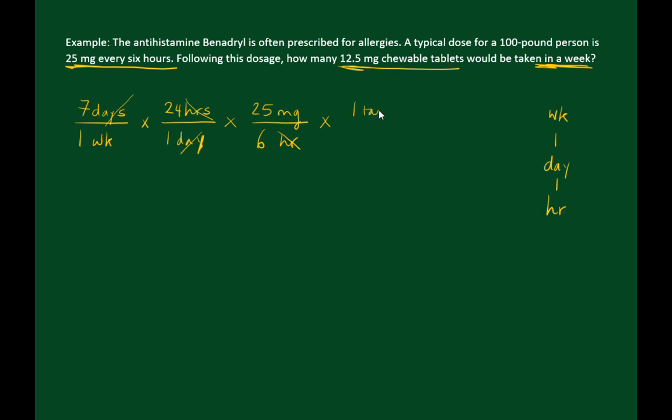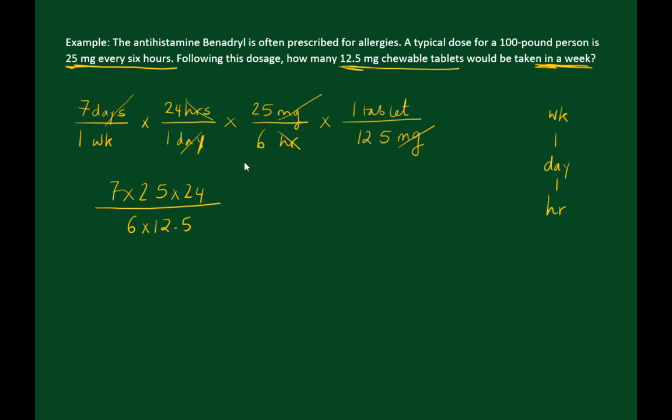1 tablet is equivalent to 12.5 milligrams. And as you see, the milligrams cancel now, and that gives us the answer in tablets per week, which is what we're looking for. So we multiply 7, 25, and 24, the order is not important, and divide by 6 times 12.5.